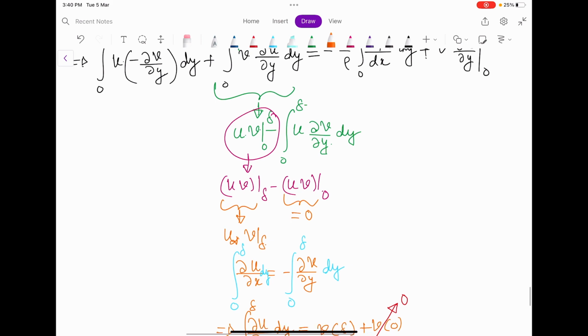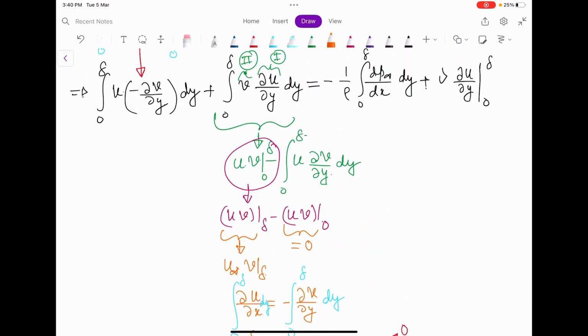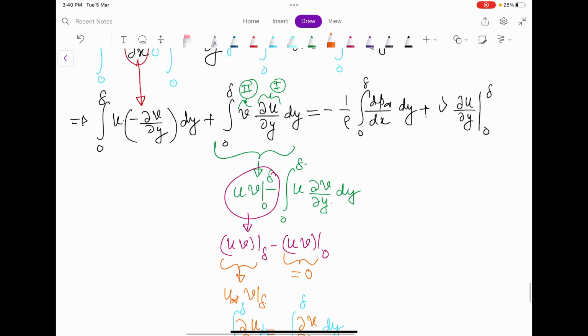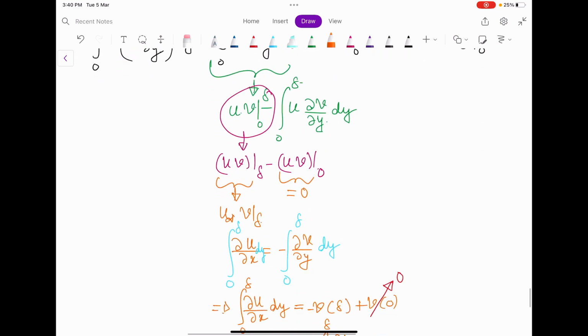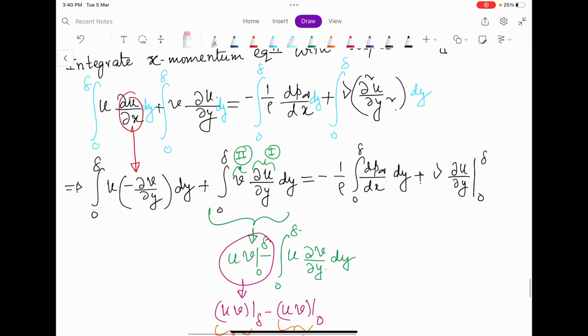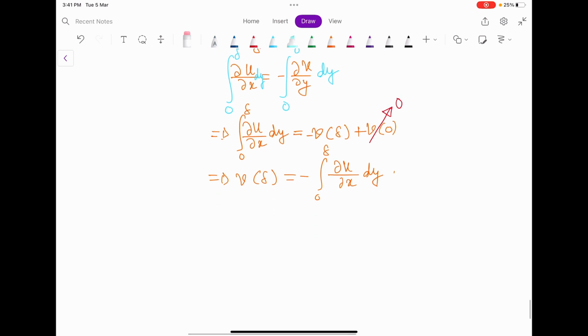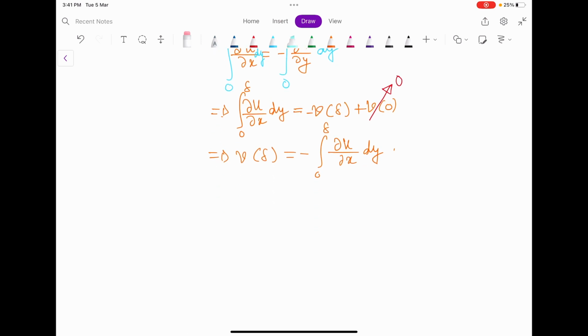Now let me write all these things. Okay, u into del phi del y. Now see one more thing. Let us come to the Leibniz rule, I mean Leibniz rule of derivative under the integral sign.